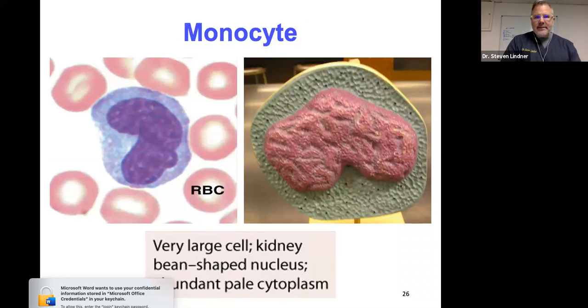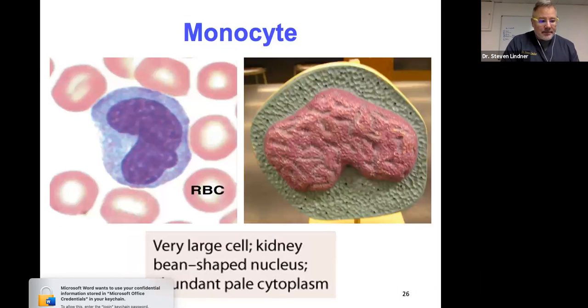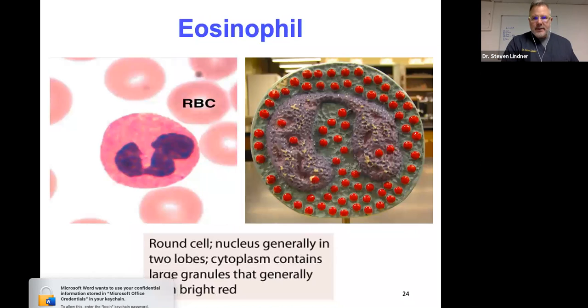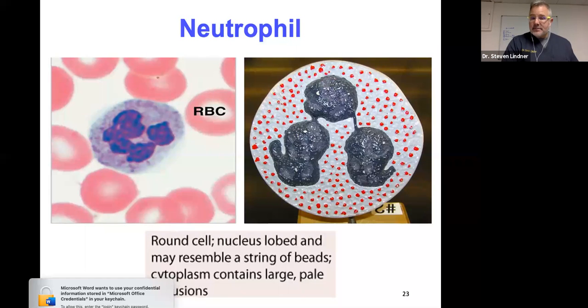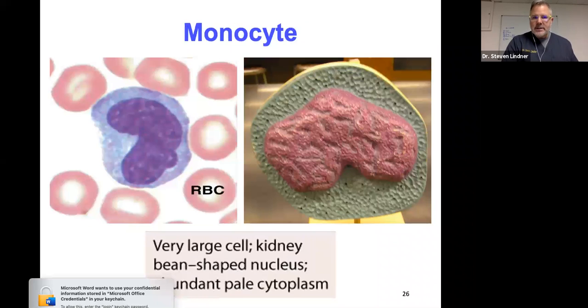When we look at lymphocytes and monocytes, notice there's no granules here. There's none. The basophil, eosinophil, and neutrophil all have granules. Monocytes and lymphocytes, no granules.